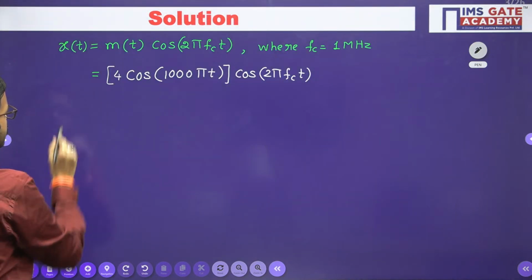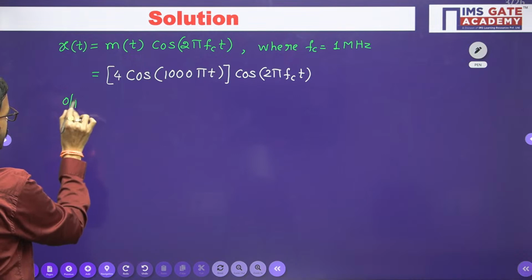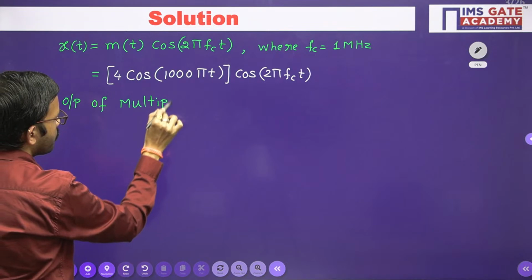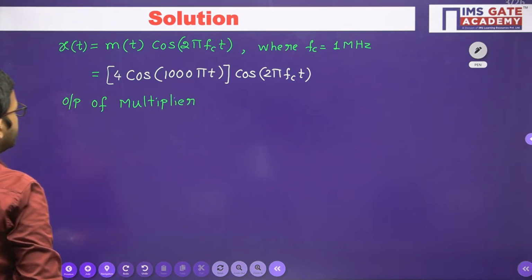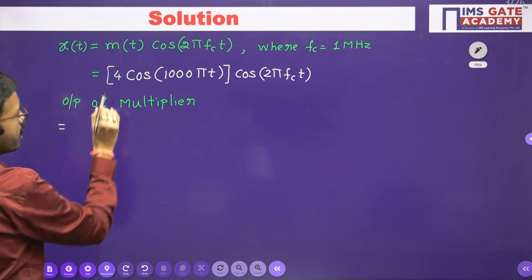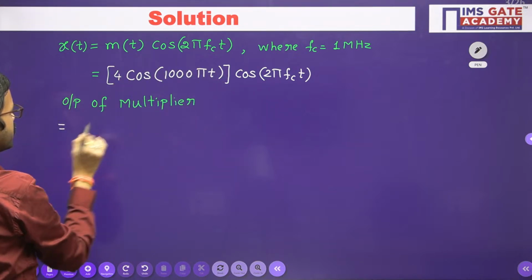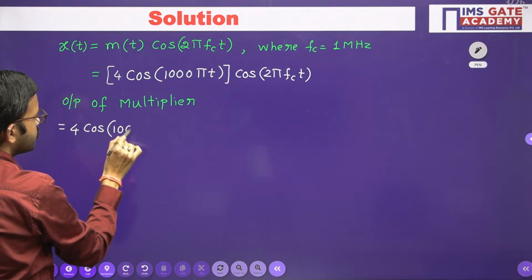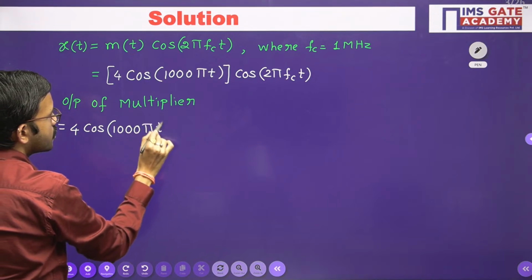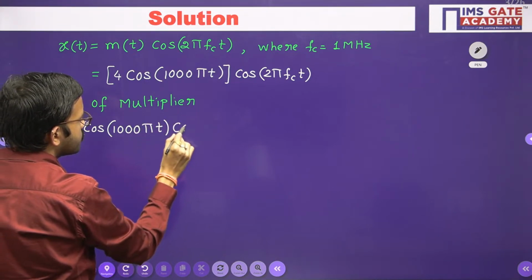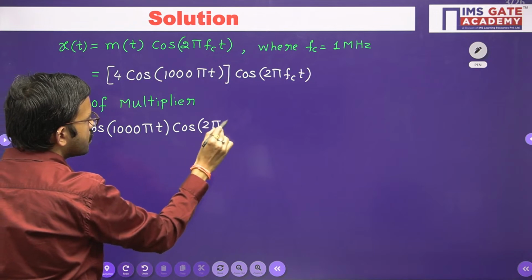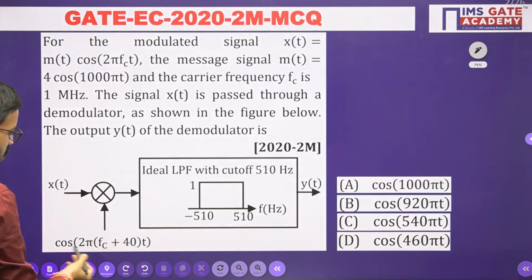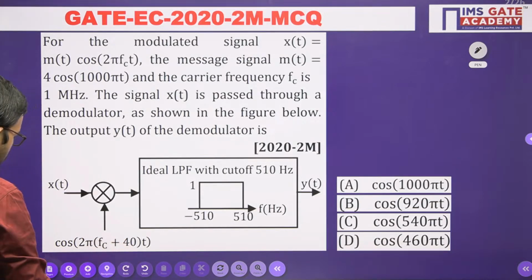The output of the multiplier equals x of t as it is, 4 cos 1000 pi t into cos 2 pi fc t, and then one more signal, cos 2 pi into fc plus 40 into t.